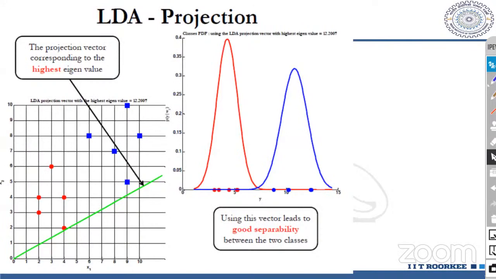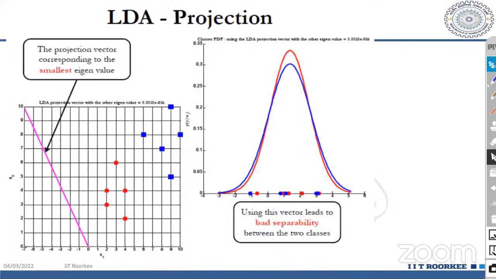Another idea: assume that you have thousands of classes. Since we are taking two different classes, the problem looks simple. Assume thousands of clusters are there. In that case, you cannot solve the problem in two dimensions.